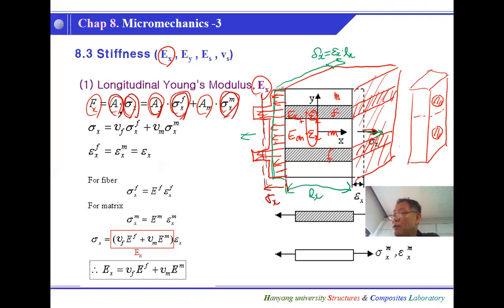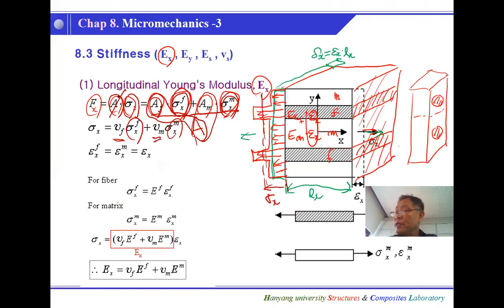So we divide by A, and sigma X is simply the fiber stress times the fiber volume fraction plus the matrix stress times the matrix volume fraction.